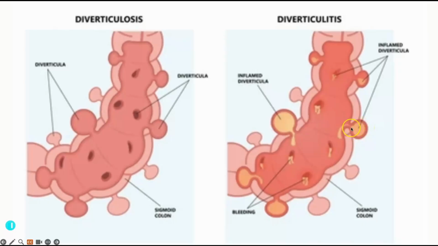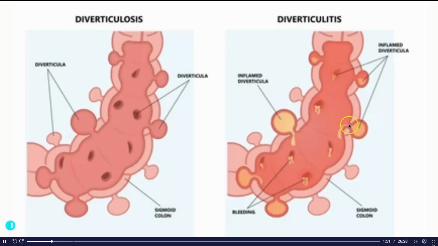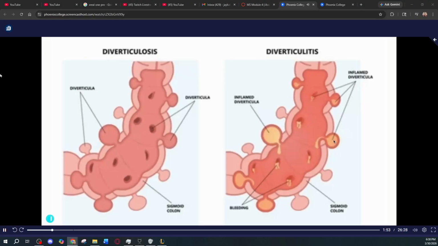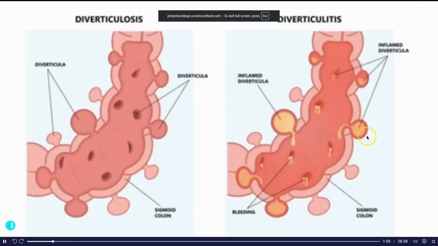When that obstruction occurs, you have increased pressure, a reduction in blood supply to this area, and bacteria are able to invade, resulting in inflammation and infection. The problem, especially in the gut, is that we can have complications like abscess formations, fistulas, peritonitis, and perforations.